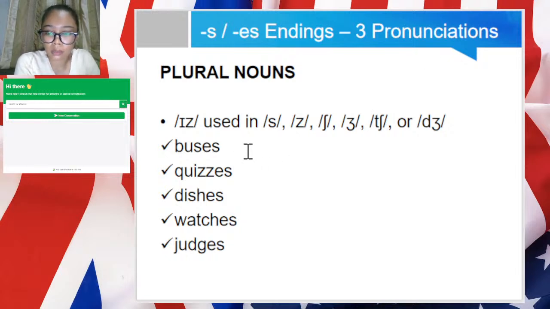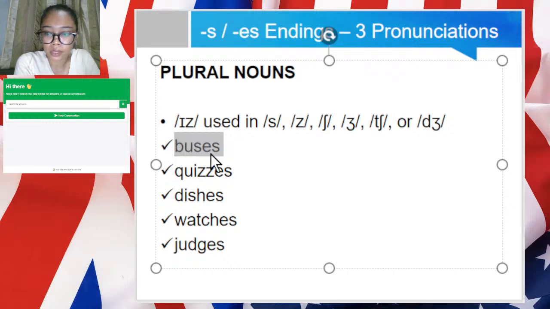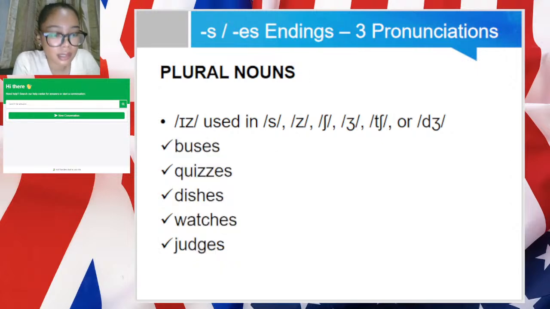Just like in the examples here, we have the first one, bus becomes buses. Quiz becomes quizzes. Dish becoming dishes. Then watch becoming watches.